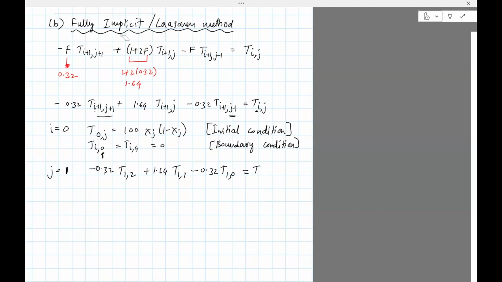Oh, sorry, this should be 0. Right? This is y equals 0. Check 1, 2, 1, 1. Yeah, it all looks right.